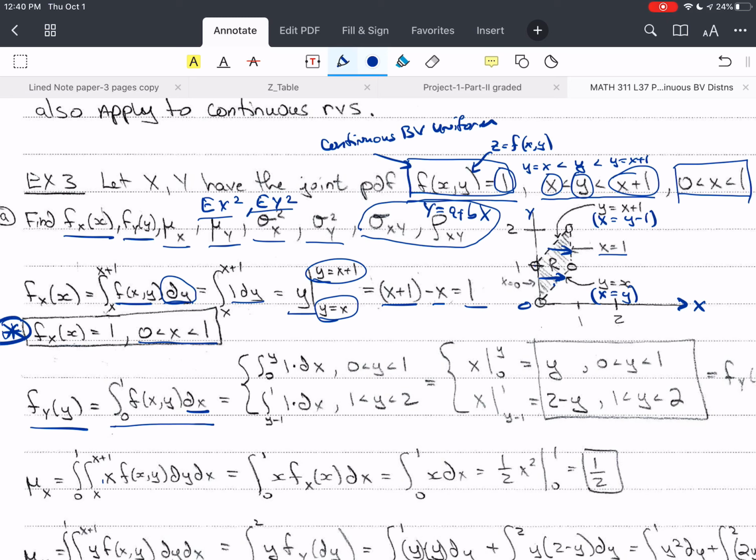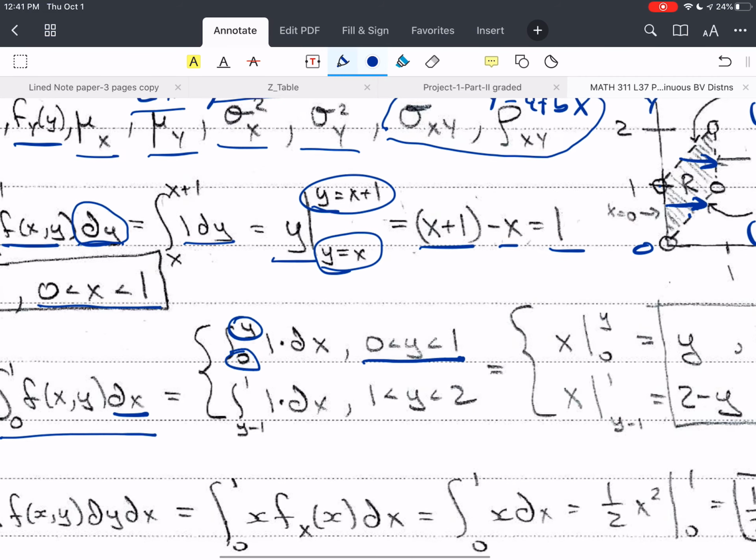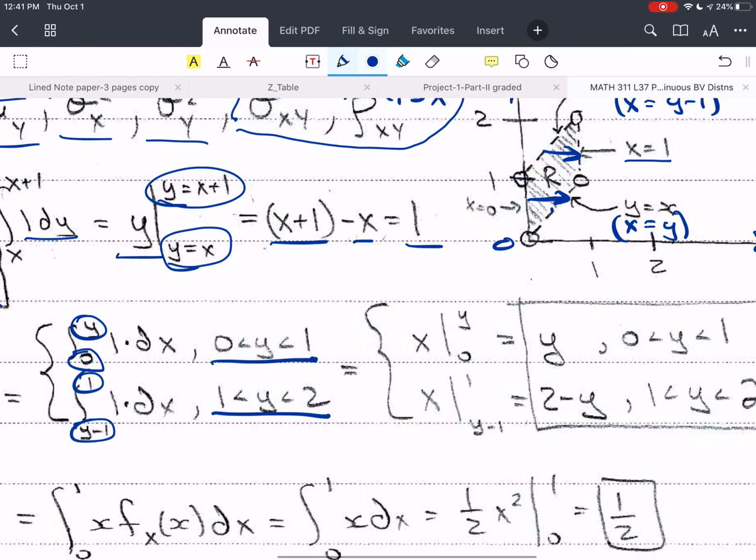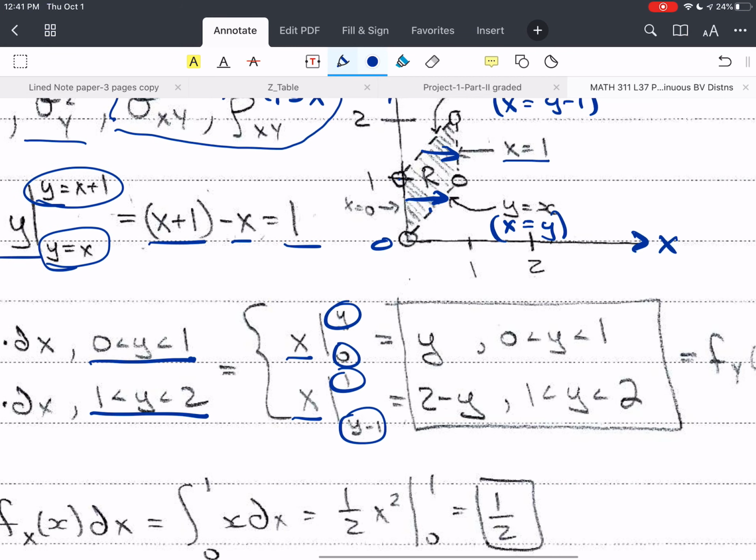So I end up with a piecewise function. When y is between 0 and 1, I'm integrating from x equals 0 to x equals y. When y is between 1 and 2, I'm integrating from y minus 1 to 1, so x equals y minus 1 to x equals 1, which we can see in our picture up here. And so I get x for both, but then my limits of integration are different for each case, and so I end up with y here and 2 minus y here.